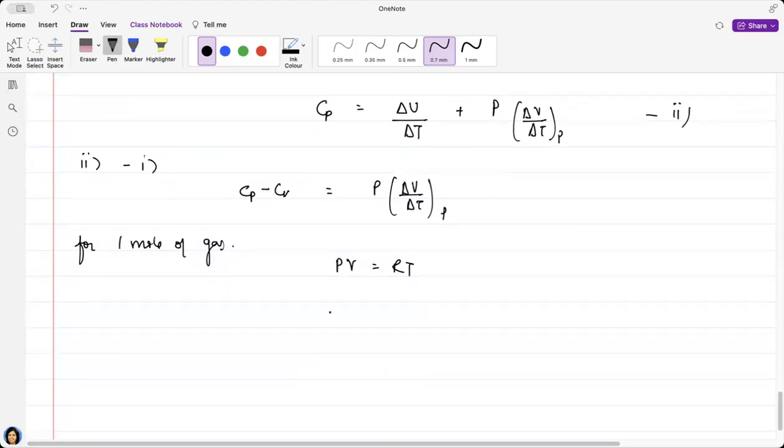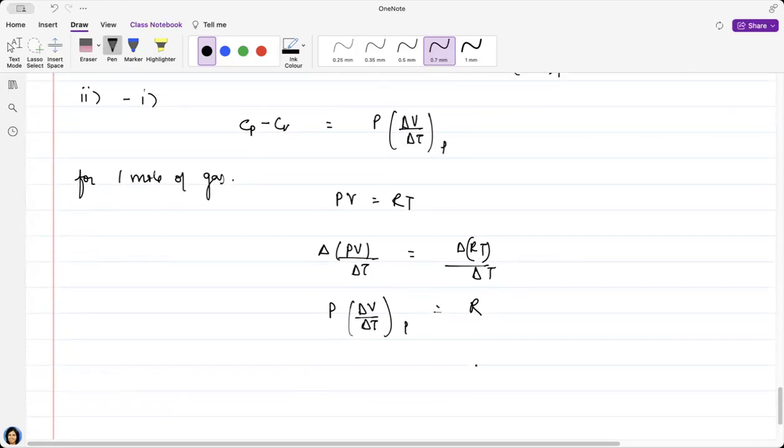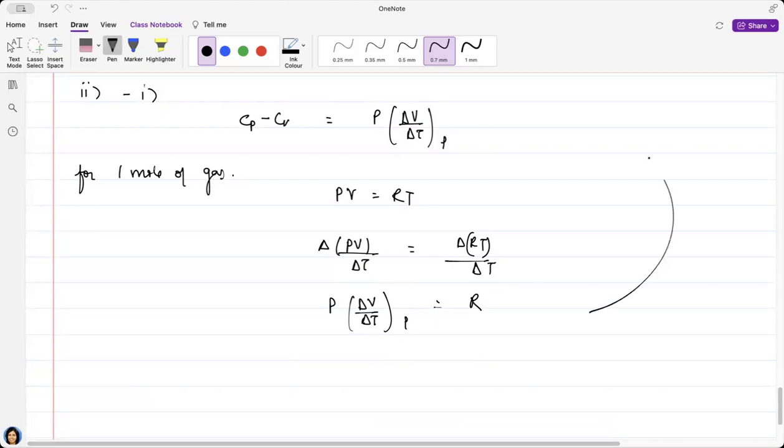And if I'm differentiating with respect to temperature, delta PV by delta T equals delta RT by delta T. So what comes out? P delta V by delta T at constant pressure is equal to R. Substituting this value here, I get Cp minus Cv is equal to R.